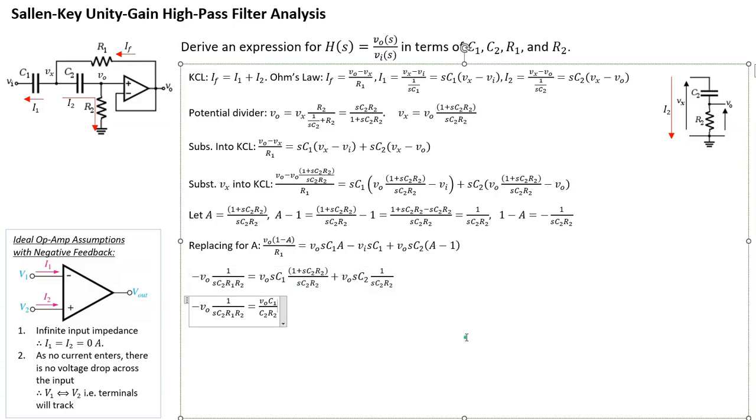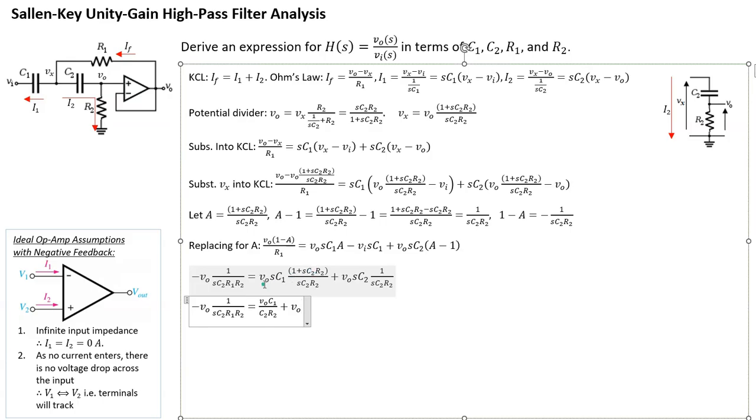Plus, again it's VO. This time, when I multiply this and divide by this, the S will remain, but C2 and R2 will disappear.